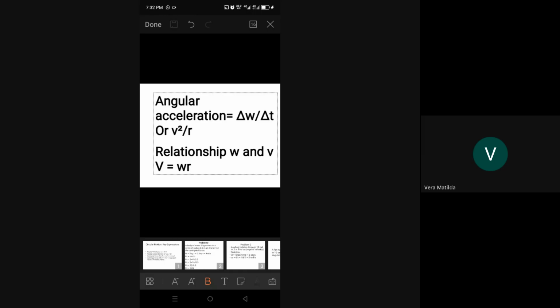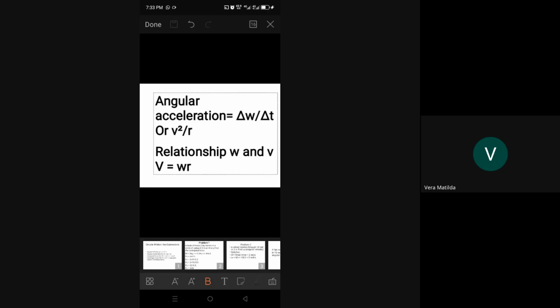What's the relationship between diameter and radius? Who can tell us? Hello?